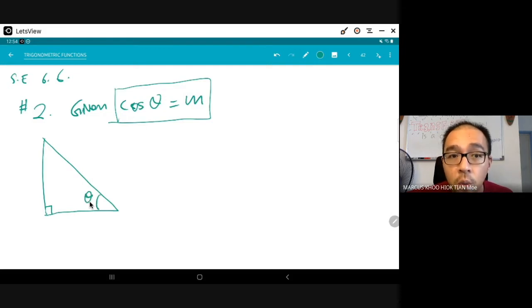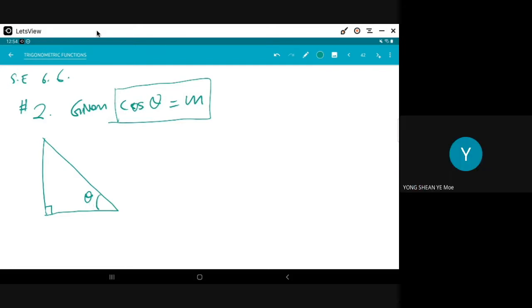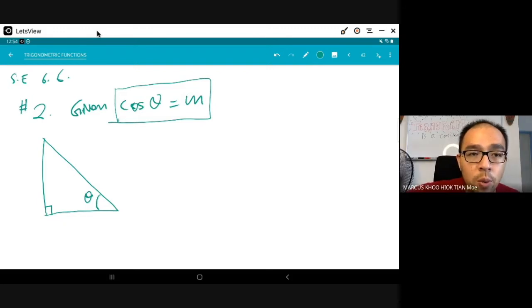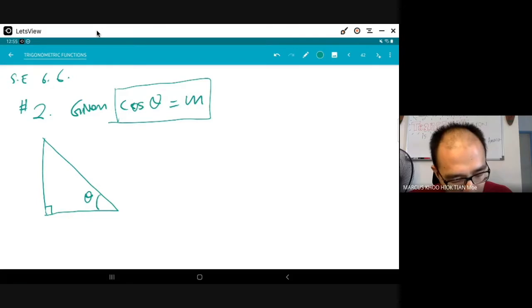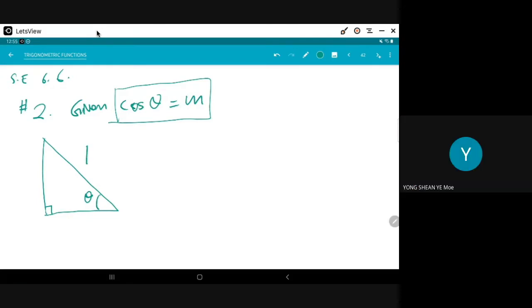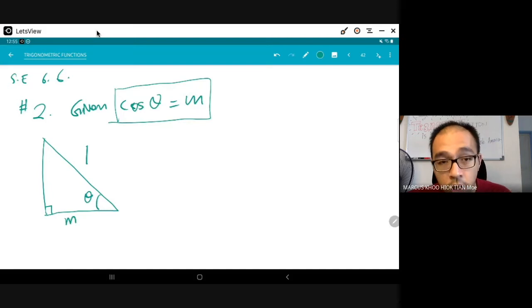What values can I put into the triangle? Anybody? m and 1. Where is m and where is 1? 1 is the hypotenuse and m is the adjacent, because cos theta equals to m is actually m over 1.